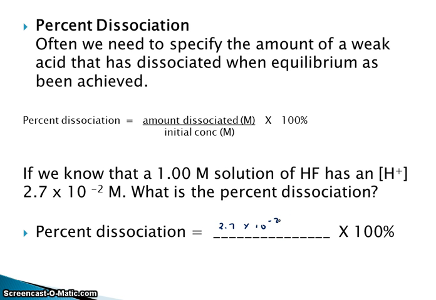We'll divide it by the concentration of our original acid, which is 1.00, and multiply it by 100 to make it a percent. So we're going to get 2.7% for our percent dissociation. 2.7% of that acid actually dissociates into hydrogen ions and fluoride ions.